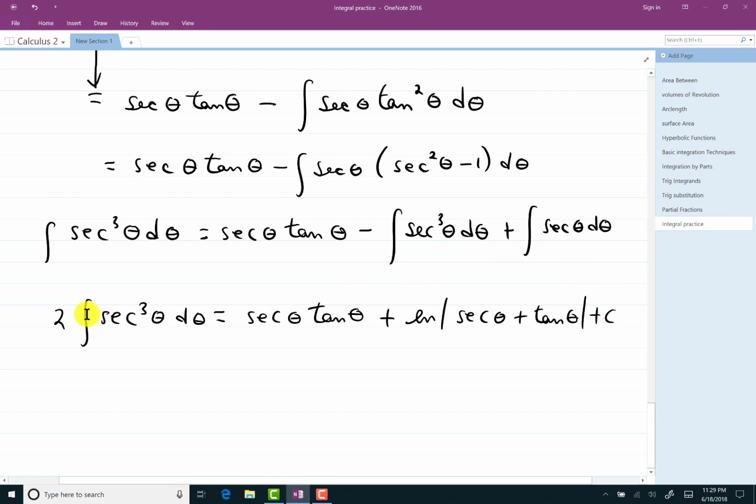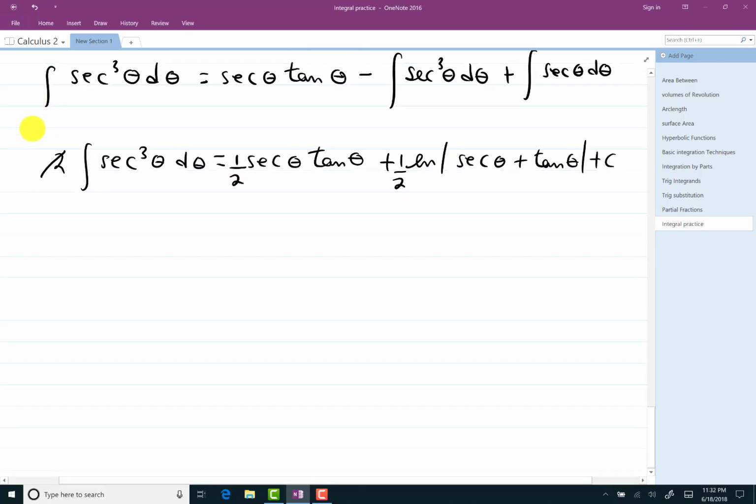And then to finish off my answer, I'll divide by 2. The reason for reminding you of this is because I will need it in the next problem.